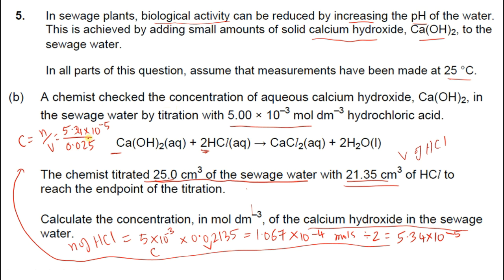This is the number of moles in 25 centimeter cube, and we need the concentration in a liter. So moles divided by the volume of the sewage water actually used, 25 centimeter cube, which contains the calcium hydroxide. It gives you 2.136 times 10 power minus 3 mole per dm cube.